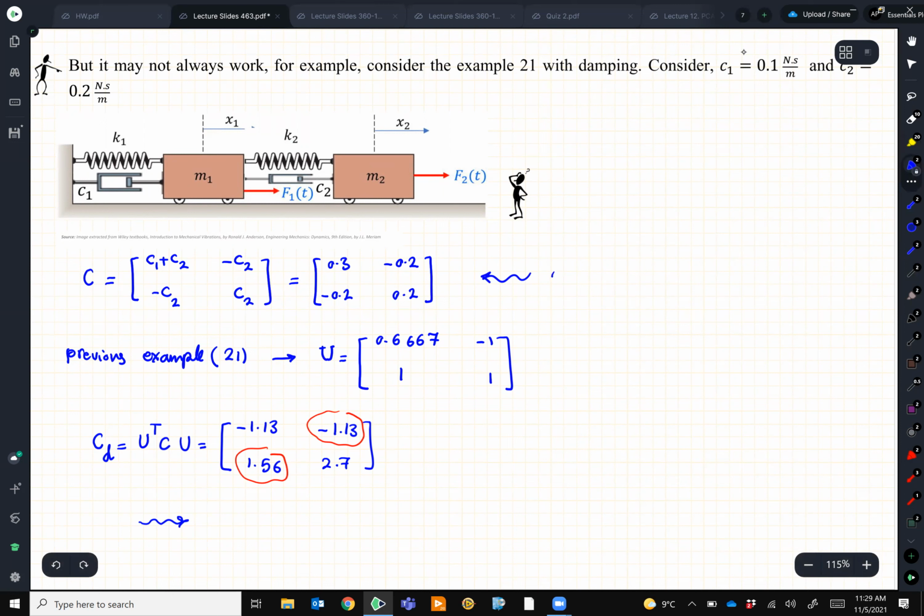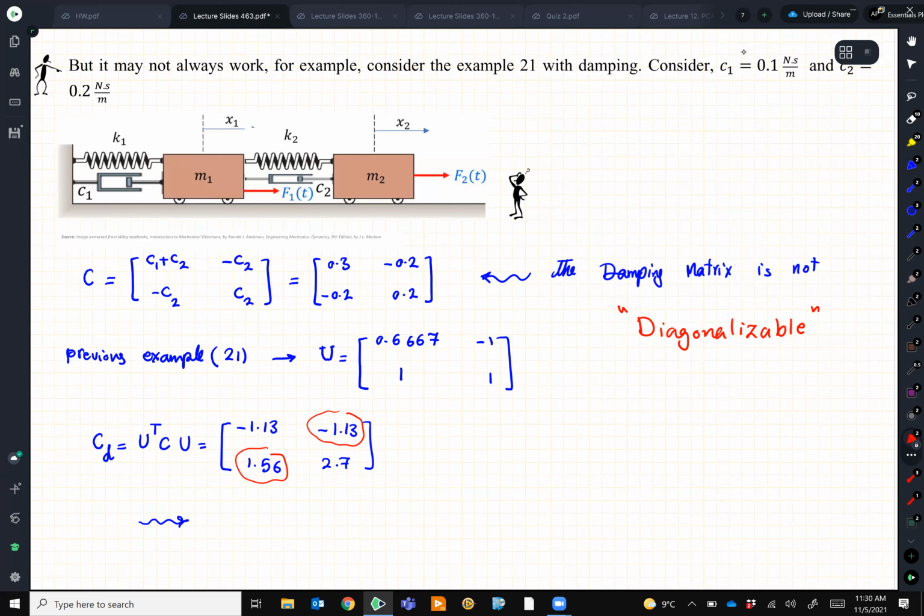We say our original damping matrix is not diagonalized, so you're not able to diagonalize anything.